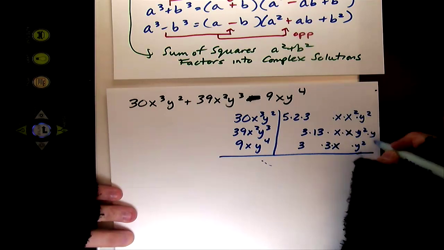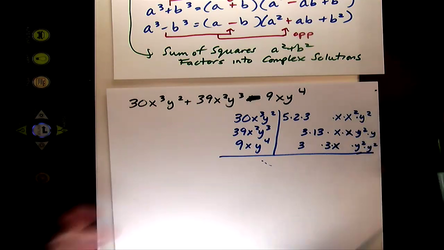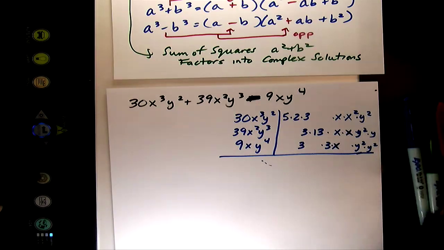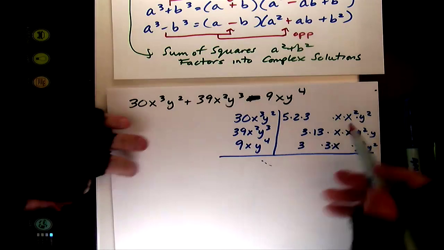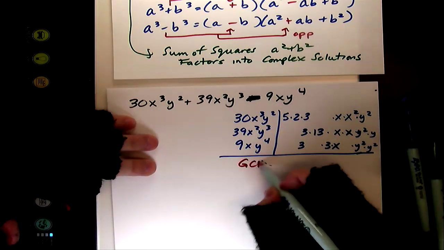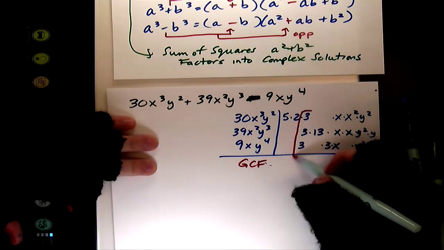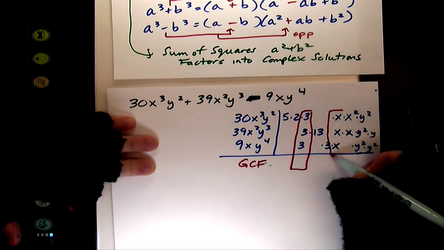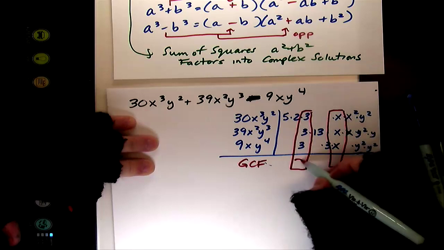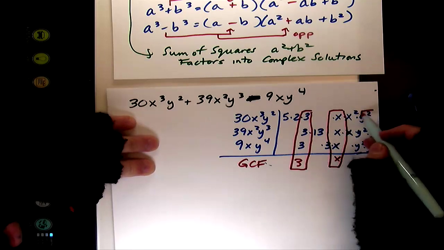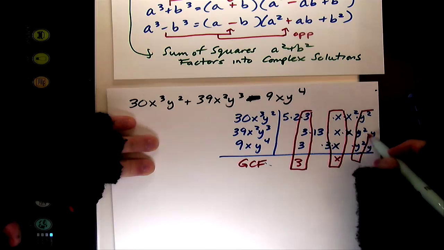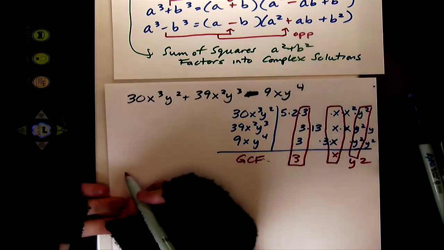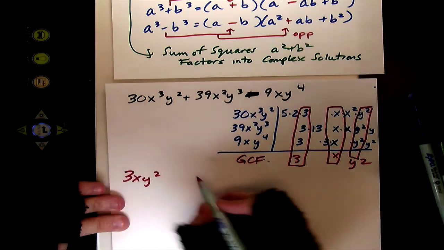This has an extra y and that has an extra y squared. This table is probably new to you. But the greatest common factor is 1 from each completed column. Completely filled columns are the 3, the x, and the y squared. So the GCF is 3xy squared.